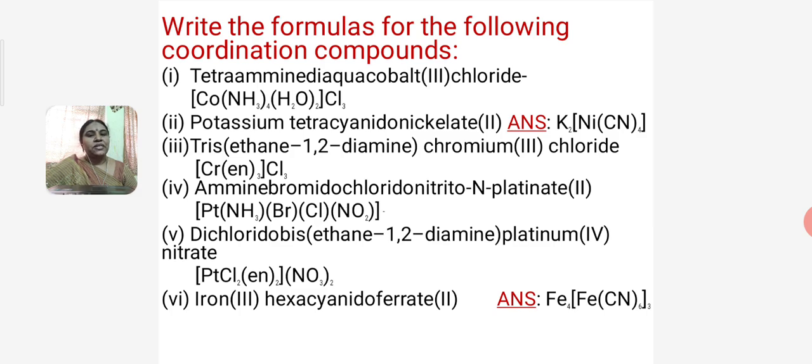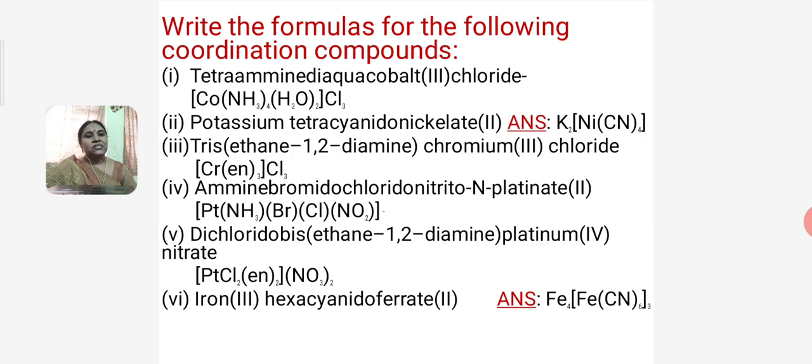So, write the parenthesis, platinum the central metal ion followed by the first ligand NH3, and only one ligand is present, so NH3. Then the next ligand present is bromido, Br, followed by chlorido, Cl, then nitrito, that means NO2 group is present and it is indicated as nitrito-N.